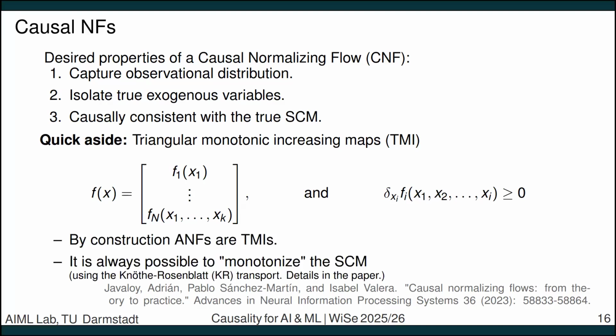So by construction, autoregressive normalizing flows are those kinds of triangular monotonic increasing maps. And the authors show also that it's always possible to monotonize an SEM.